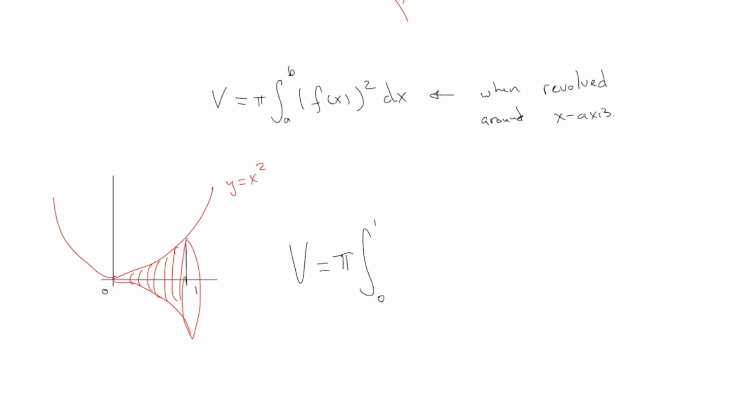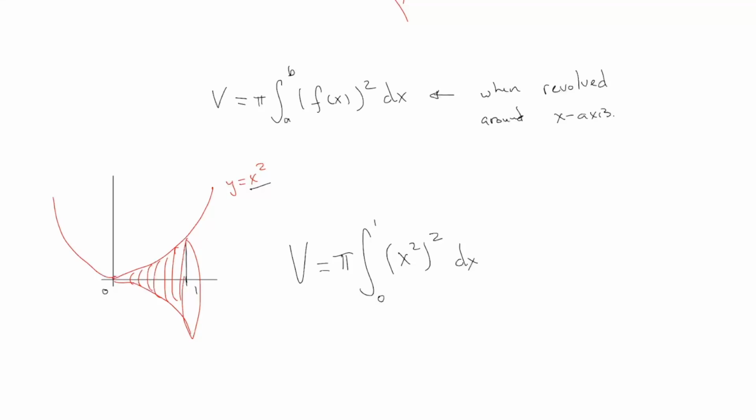That's the range of x values. And then on the inside, I go f of x, the whole thing squared. In this case, f of x is x squared, so it's x squared squared, right? The function I'm talking about is x squared, but there's already a square in the original formula, and so I really need those two squares. And now we just have to do the integral.